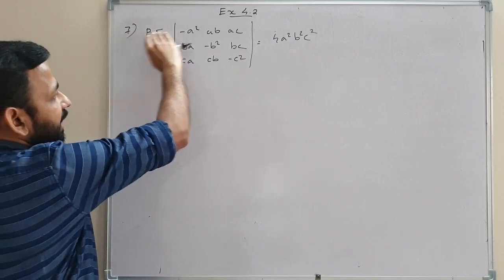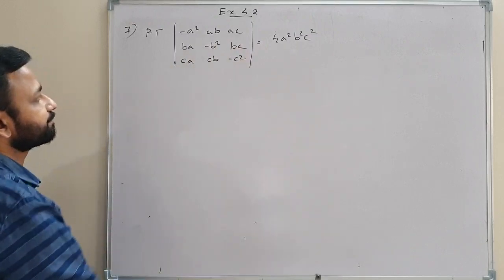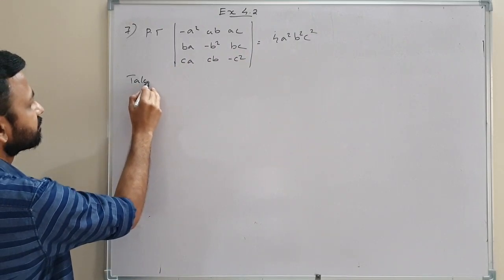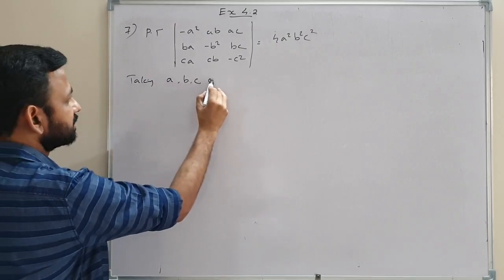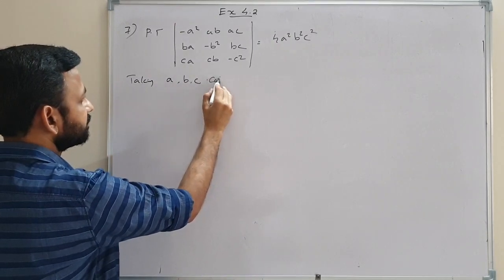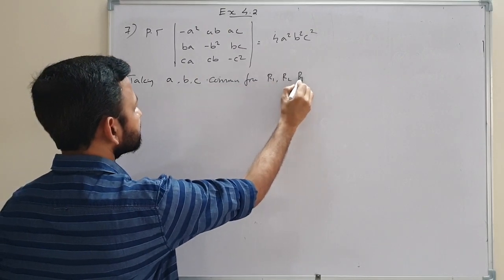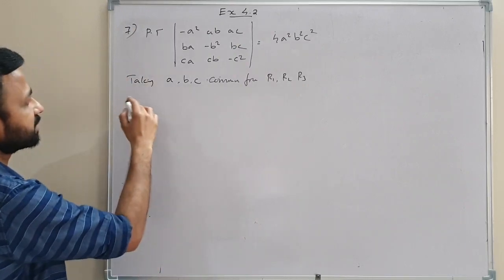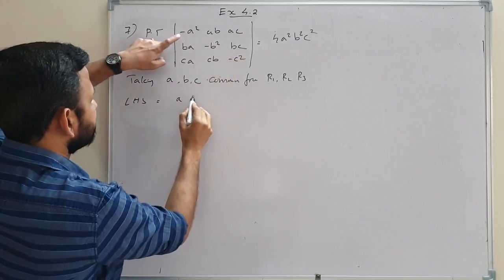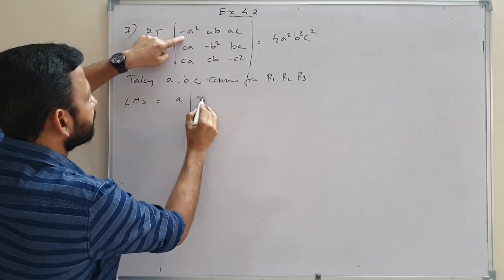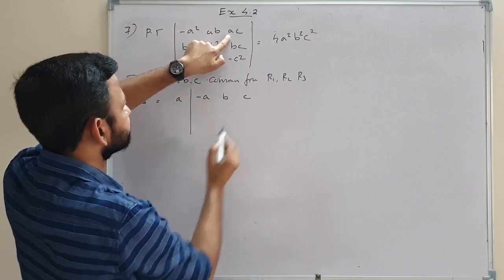We can easily take a outside from the first row, b from the second row, c from the third row. Taking a, b, c common from R1, R2, R3. So when we take a outside from the first row, it will be minus a, b, c.